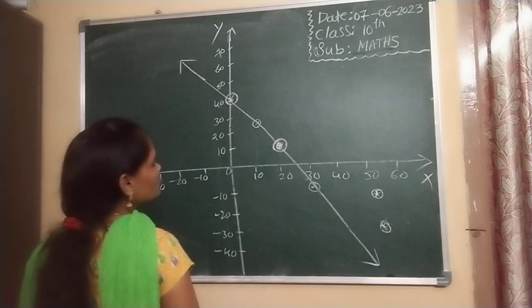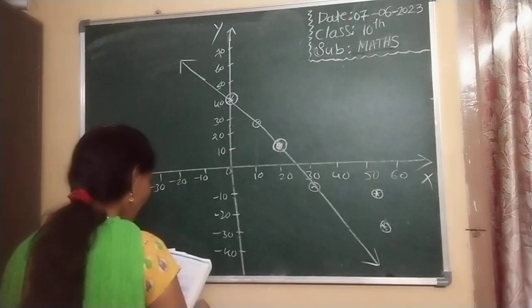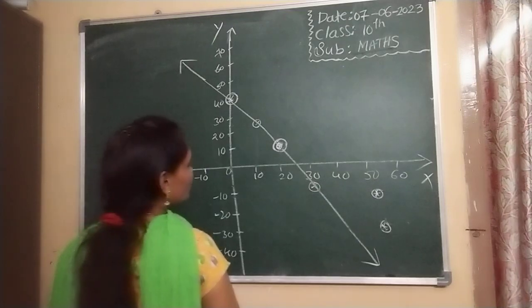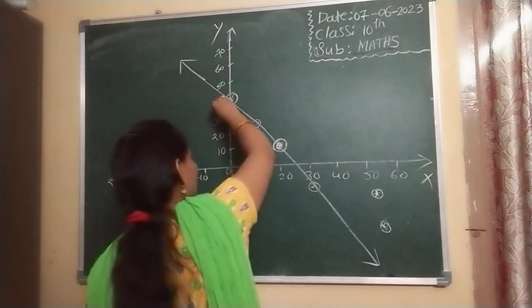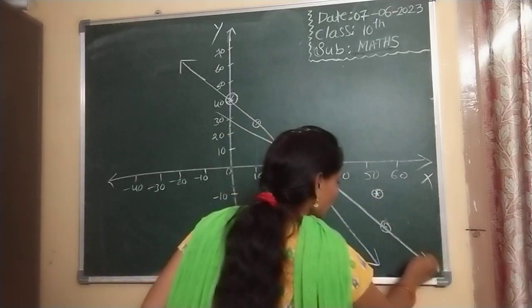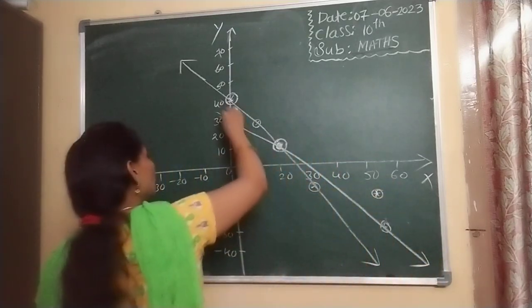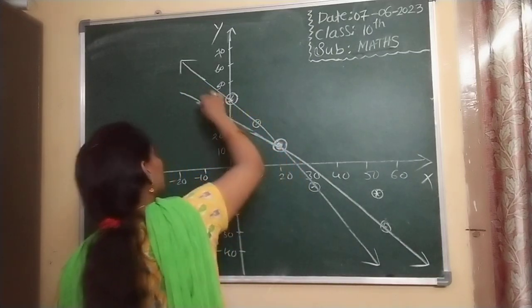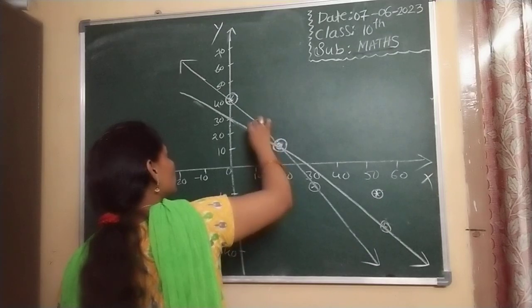Okay. Now we should plot the graph. Three points only there now. See, like this it will be. One point left over. Why? Because that will not fit properly. That's why leave it. Only a few points are enough to draw.